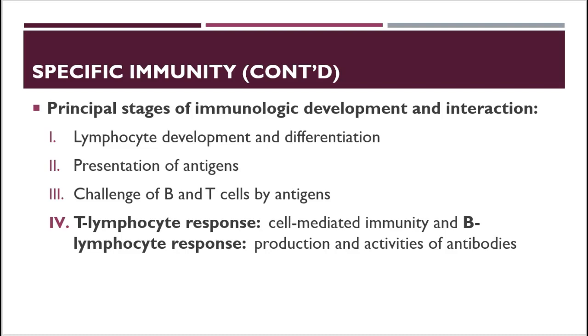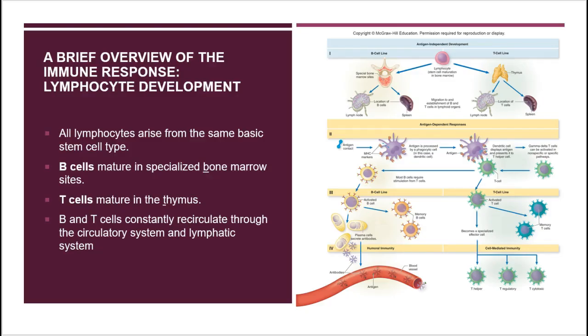So the T lymphocyte response is also known as cell-mediated immunity. And the B lymphocyte response results in the production of antibodies. And we're going to look at each of these cells and their maturation and development in subsequent sections in Chapter 13.